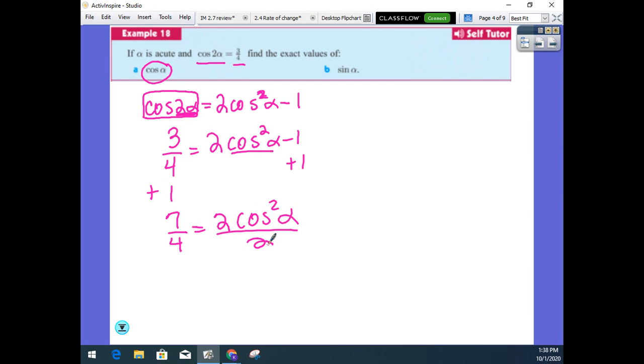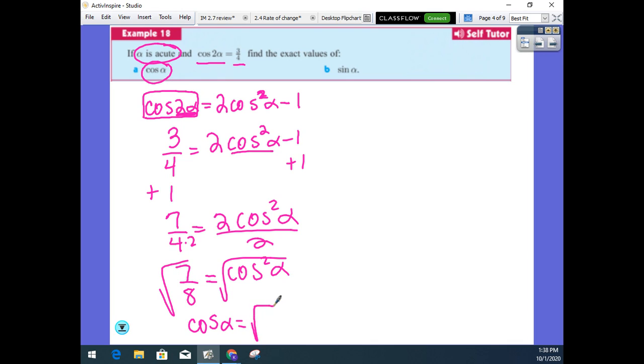Divide by 2, and when you divide by 2, you're just putting the 2 in the denominator, so now I have 8 in the denominator. Square root both sides. And it tells us in the beginning that our angle is acute, which means that our cosine is the positive square root of 7 over 8. If it didn't tell us it was acute, we wouldn't know if it's a positive value or a negative value.